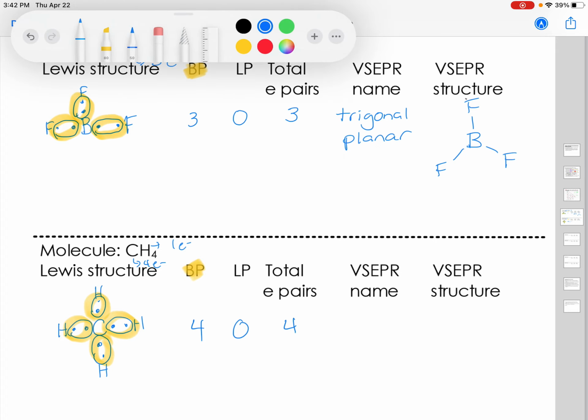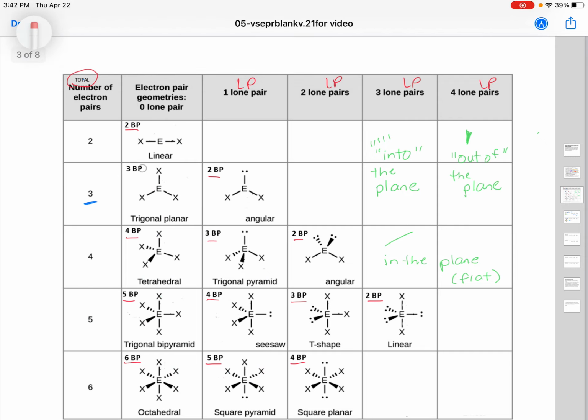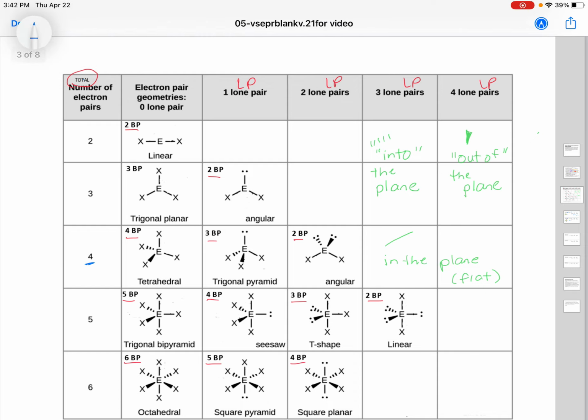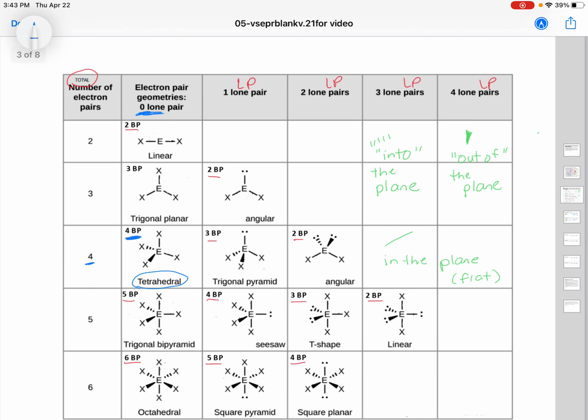And when you look back to our chart, I'm going to erase the other one I had. Again, the total can guide you to where you should look. So 4 total, 4 bond pairs, 0 lone pairs means tetrahedral. And again, take a look. So now tetrahedral has 2 of the bonds in the same plane, one's coming out at you and one's going into.